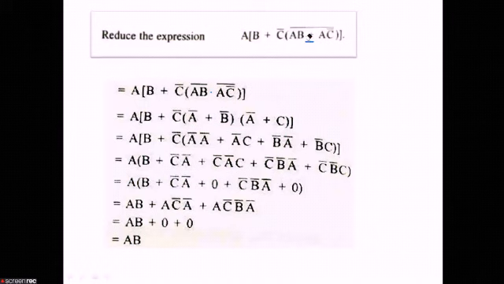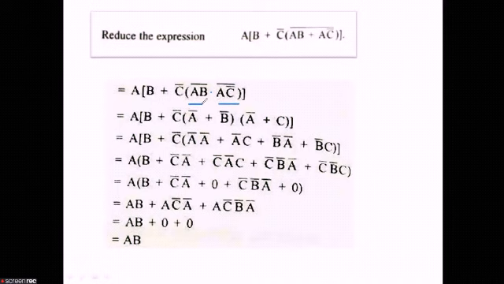Next we are moving to the next step. In this step we have applied De Morgan's theorem to (A dot B) bar and (A dot C bar) bar, this term and this term.